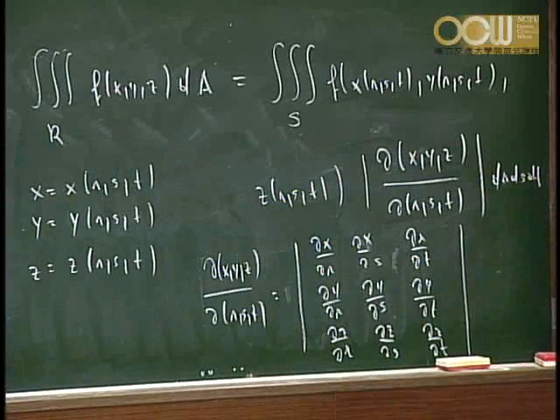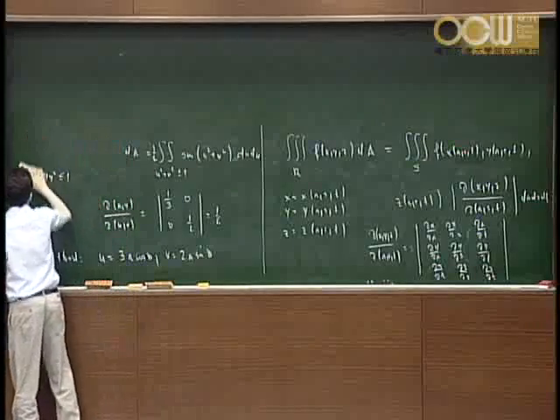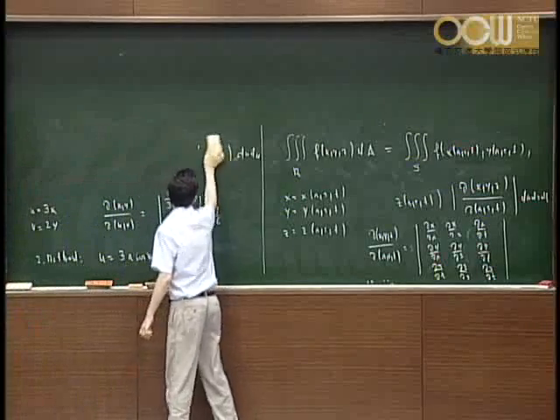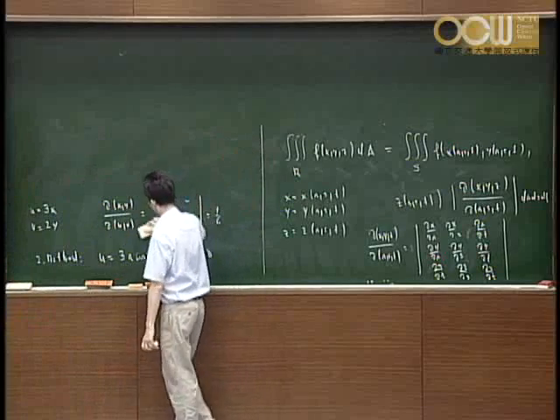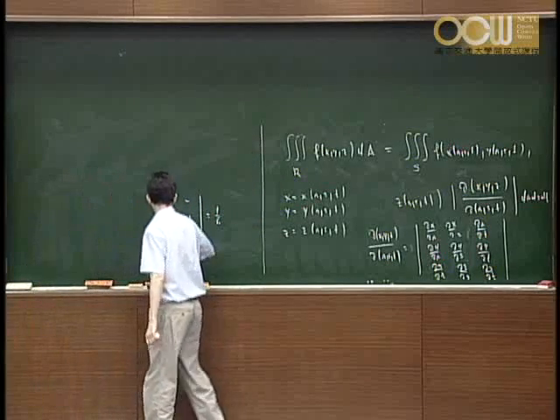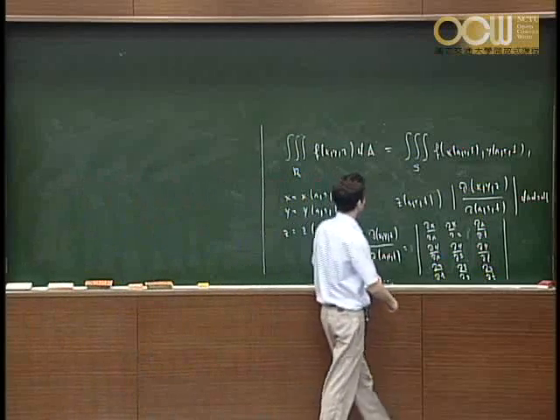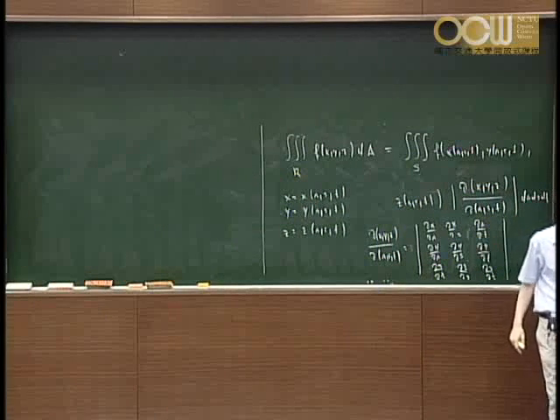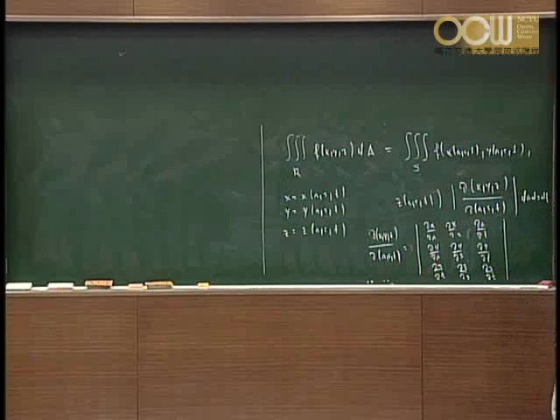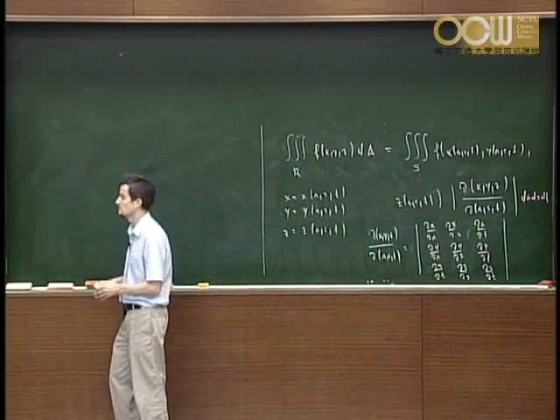Okay, so maybe let's use this to check, because last time we talked about spherical coordinates, and if we go from rectangular coordinates to spherical coordinates, this guy here becomes rho squared times the sine of psi. So let's check whether this fits into this setting.